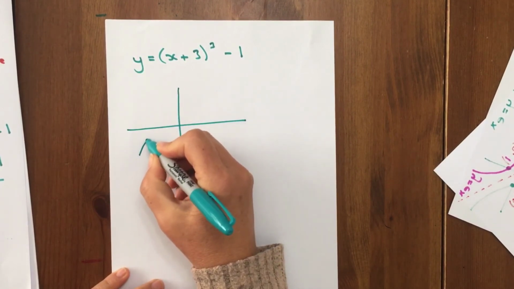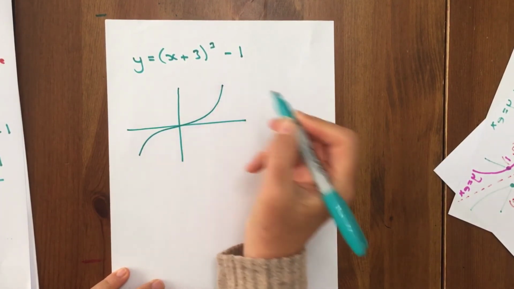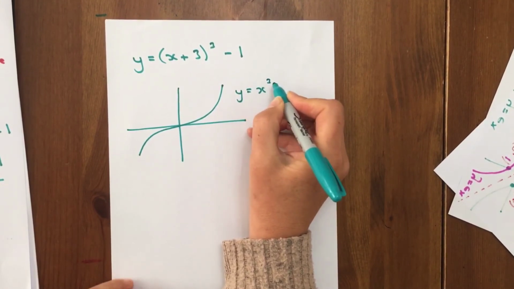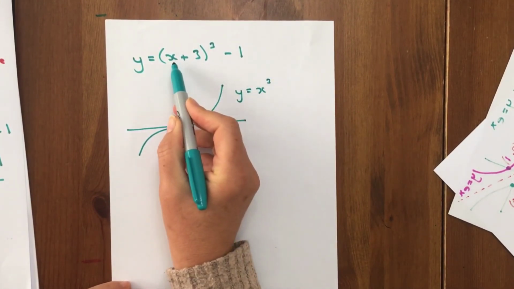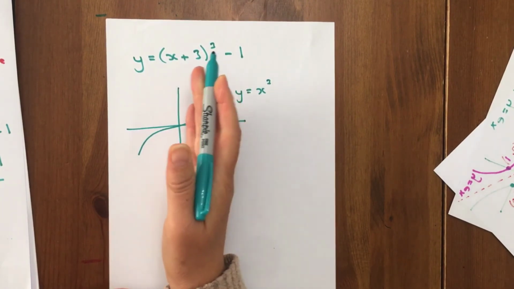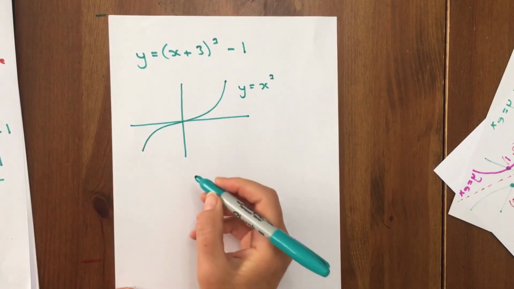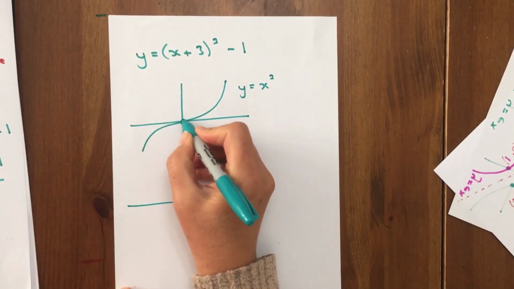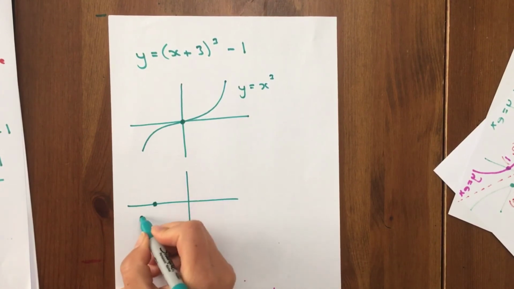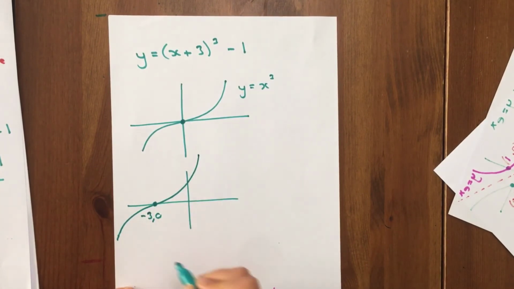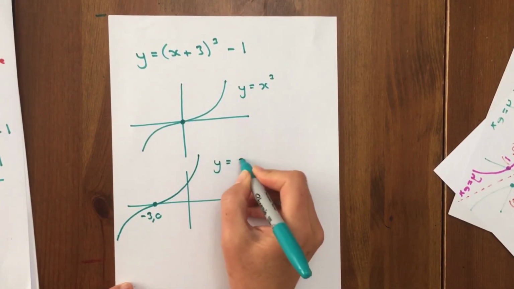So let's think about what a cubic curve looks like. If I was to plot y equals x cubed, I get this. Now I'm doing a transformation, I'm adding 3, so that means the graph moves 3 to the left. So this point here, 0, 0, will now go to negative 3, 0. And the whole graph shifts 3 to the left.